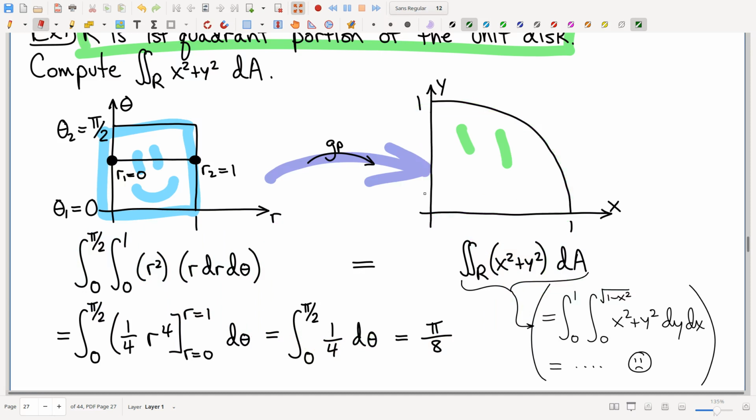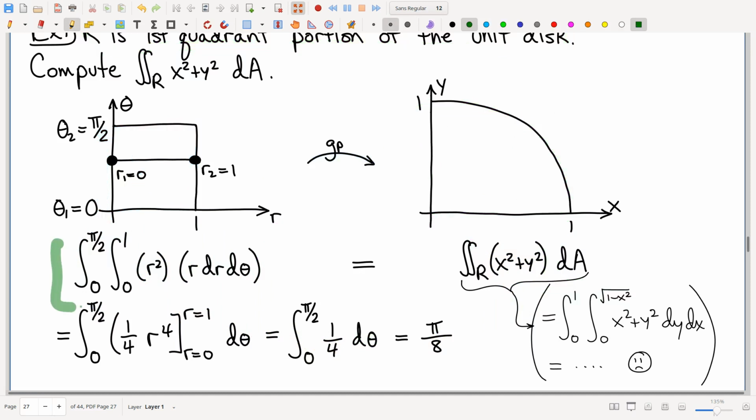Okay, so now it's plug and chug. We've got this integral. Notice our integrand is r cubed. That's another thing you've got to be careful about. The r here is not just there for cosmetic purposes. It is part of the integrand.